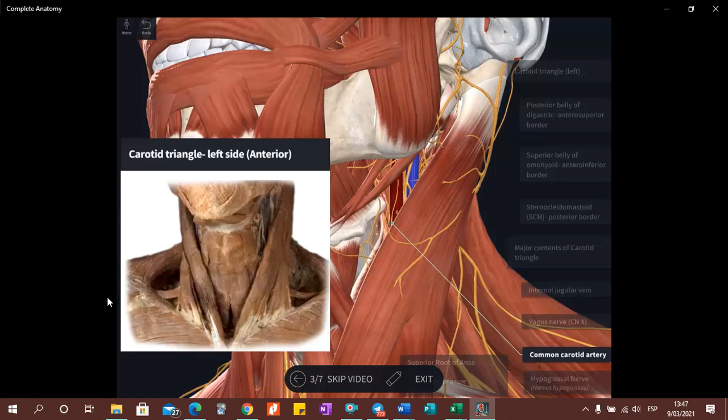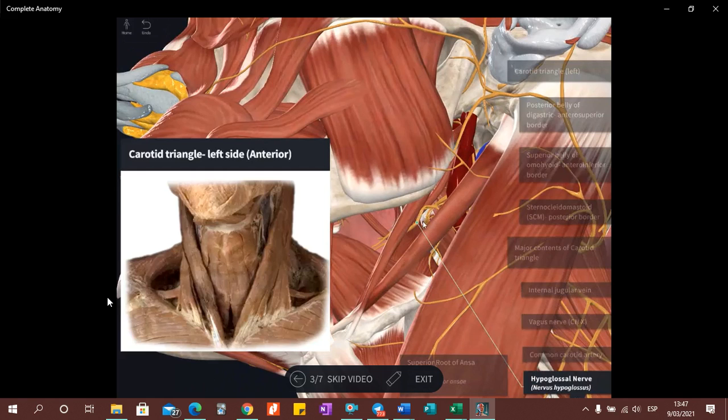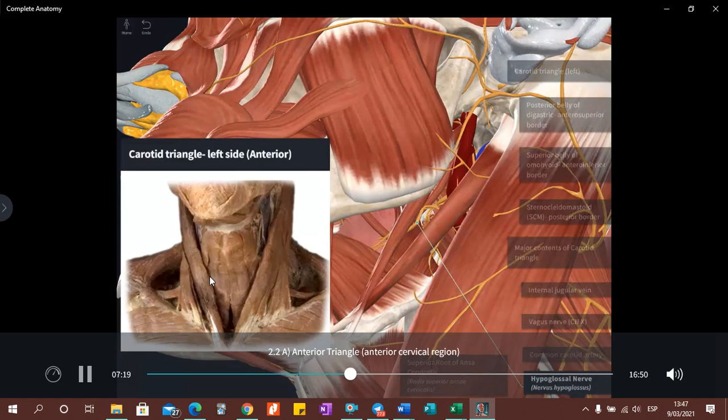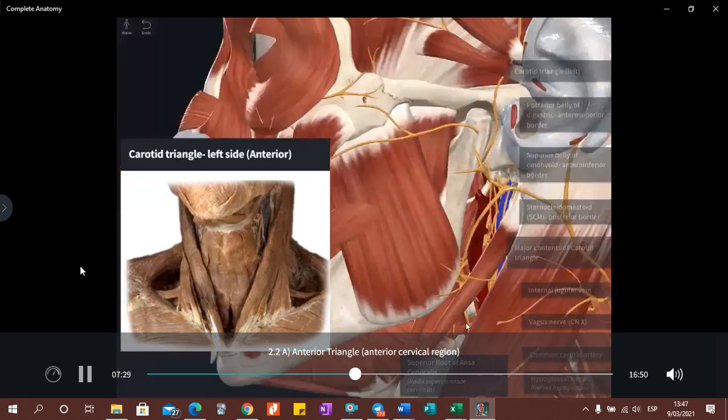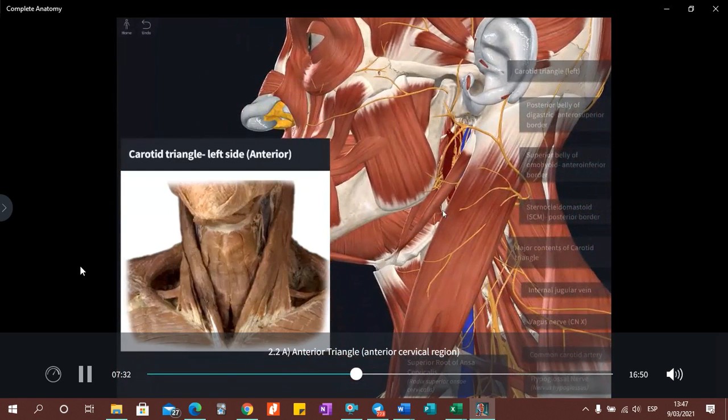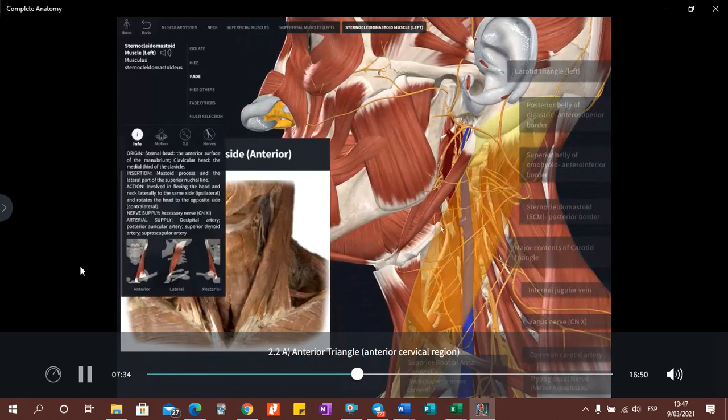In addition, here you can also find the hypoglossal nerve way up here, and there's another little nerve which is called the ansa cervicalis. In this case it's the superior root of the ansa cervicalis, which hitches right on the hypoglossal nerve and then dives down. And you can also find the superior root of the ansa in the carotid triangle.